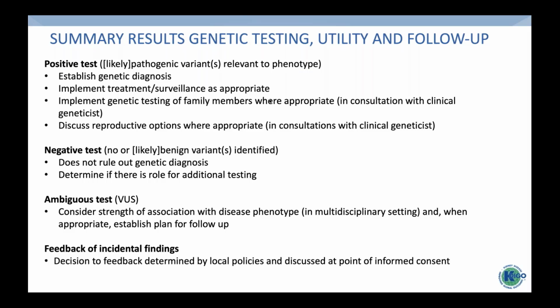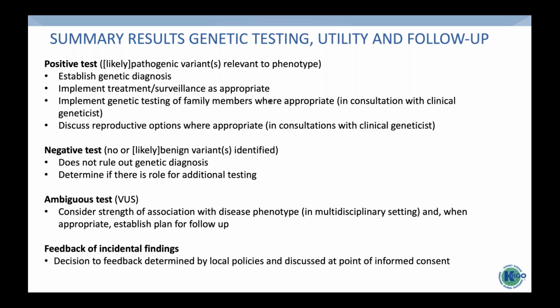I care for also a large cohort of patients with inheritable kidney cancer syndromes, and so surveillance is core to their primary diagnosis. Implementing genetic testing of family members if and where appropriate in consultation with other members of the broader team is critical, and discussing reproductive options where appropriate. And this may sometimes take us asking open questions to facilitate that discussion happening.